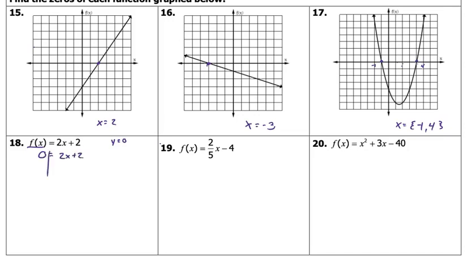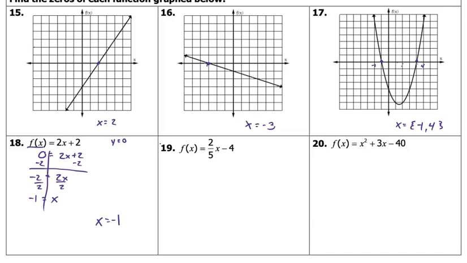I'm just going to subtract 2 from both sides. So -2 equals 2x, staying in balance. This is multiplication, so we'll divide both sides by 2, and we find that our x value is -1. So x equals -1 here.